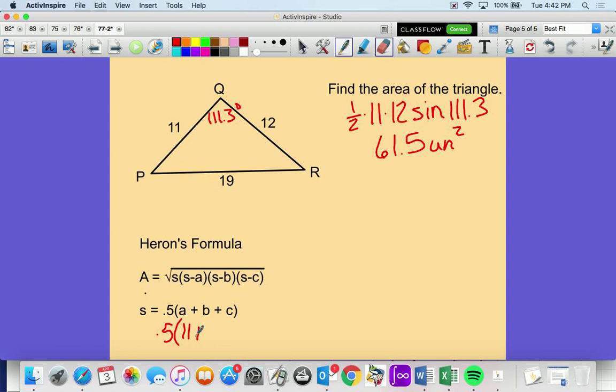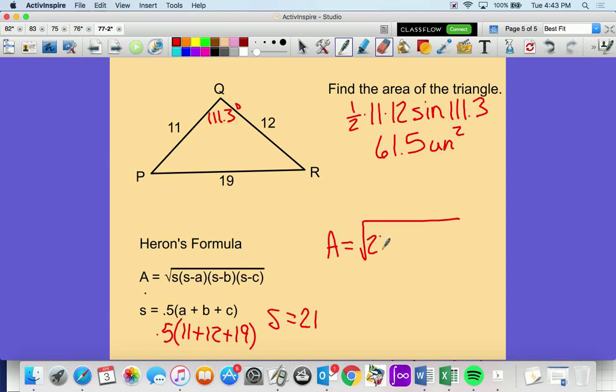So that'd be 11 plus 12 plus 19. So add those three together, multiply by 1/2, and we get s equals 21. And then we use the other part of the equation.